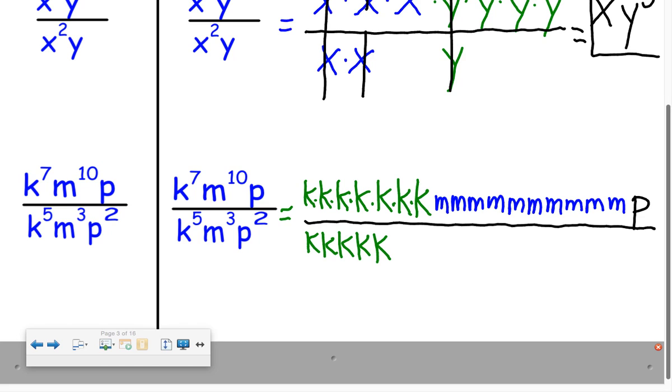No, not putting all the dots in between, but they are all being multiplied. 3 m's and 2 p's.